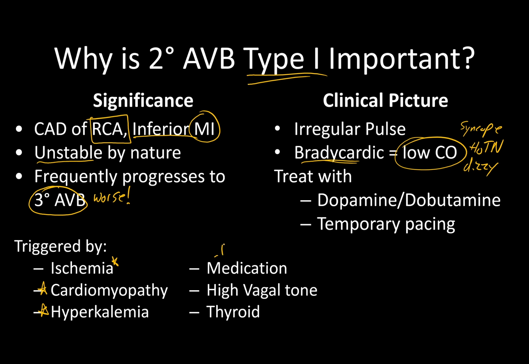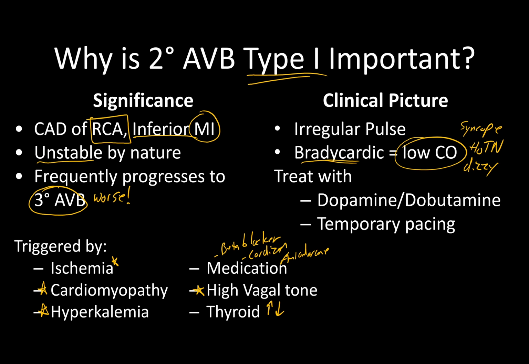We're looking at stuff like beta blockers, or Cardizem's a good one, amiodarone. Medications we give quite frequently to a lot of our patients. That's why medication management is so important to prevent things like this from happening or getting worse. A high vagal tone, just if your vagus nerve's overstimulated, and hyper and hypothyroid can also be triggers for this type of thing to occur.